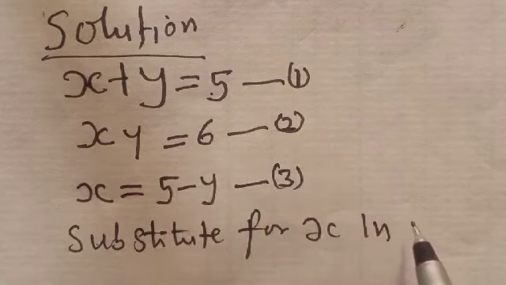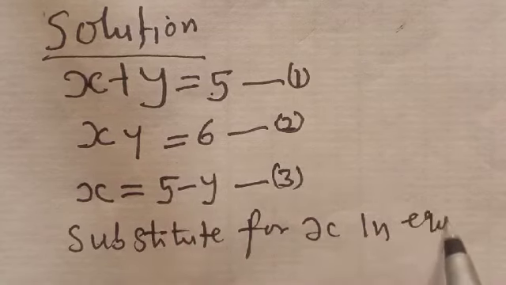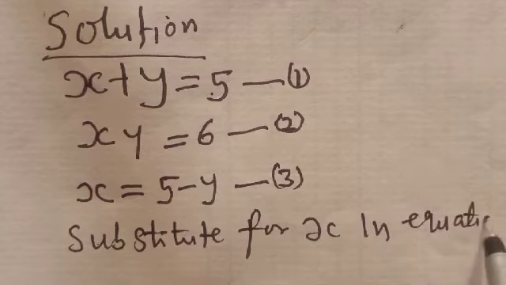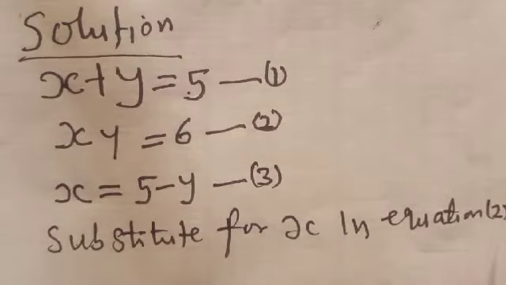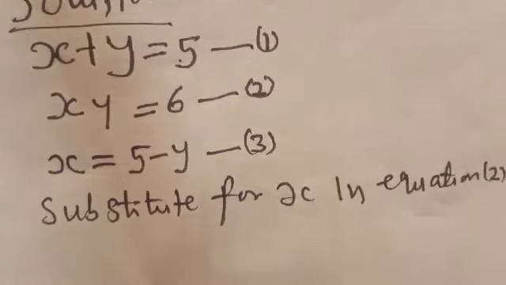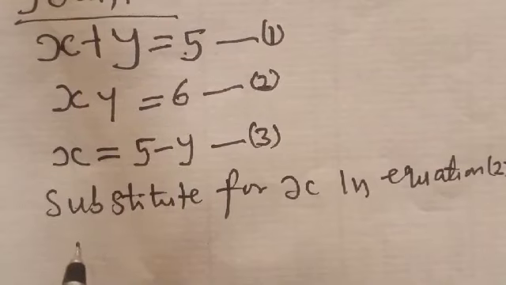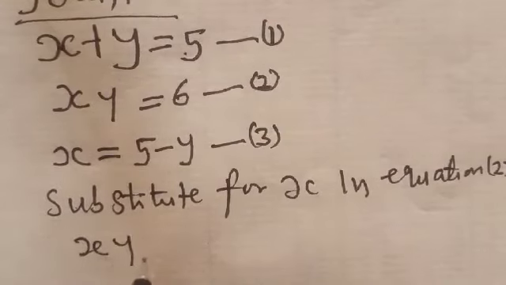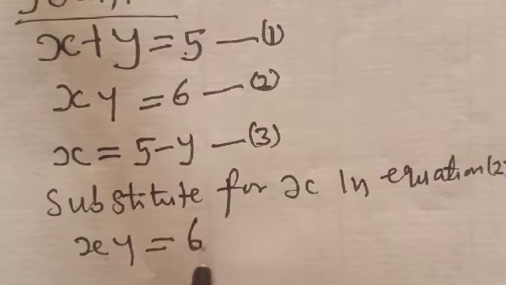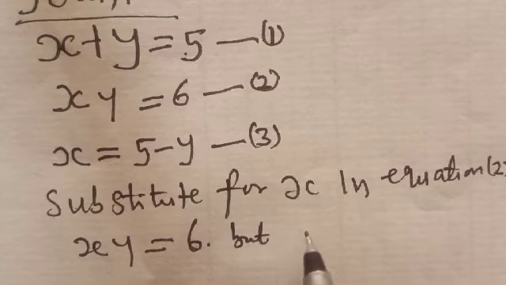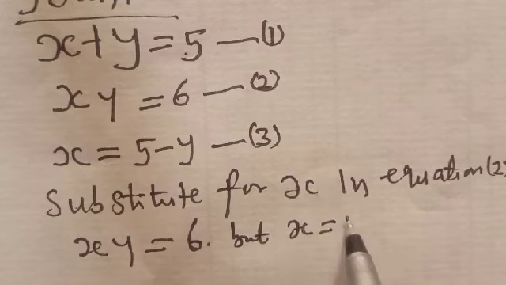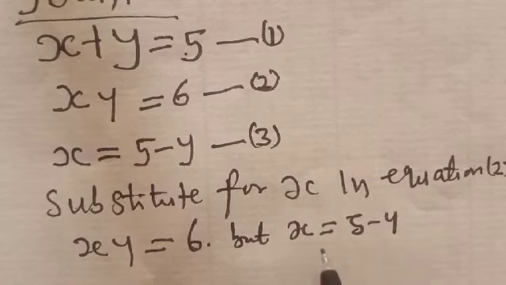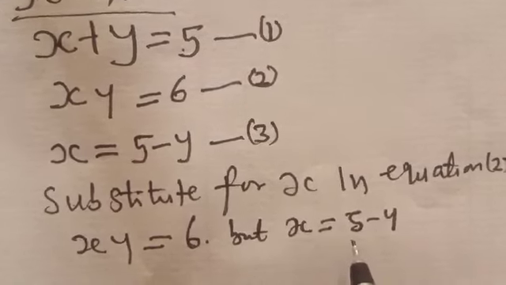In equation 2, we have xy is equal to 6. But from our equation 3, we have x is equal to 5 minus y. Then anywhere you see x, you put 5 minus y there.